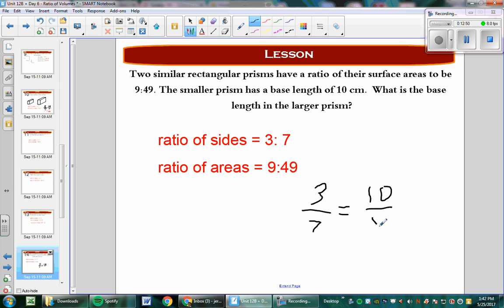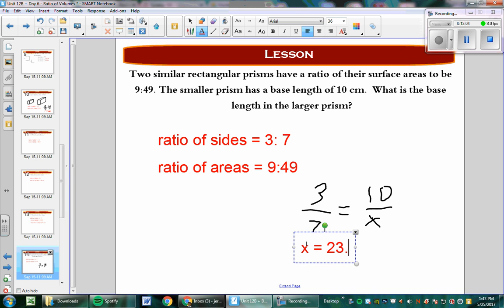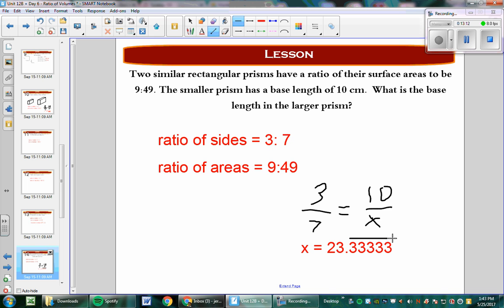So 10 over x. Now we'll cross multiply. 10 times 7, now divide that by 3, and x equals 23.3 repeating. Or we could just put a bar on the top there. All right.